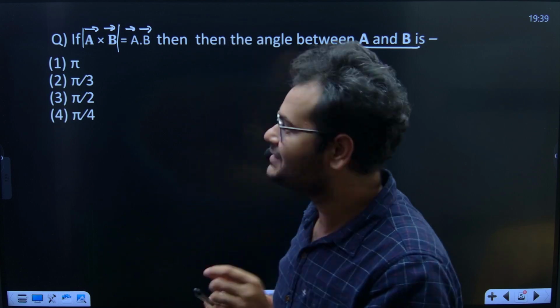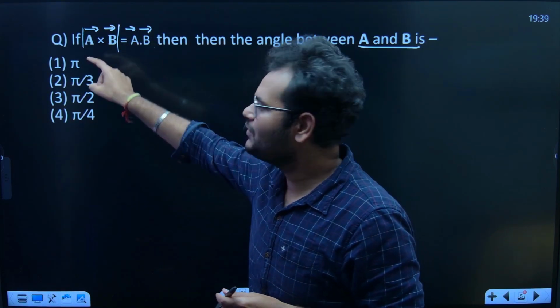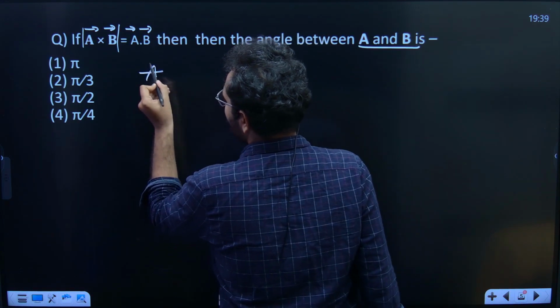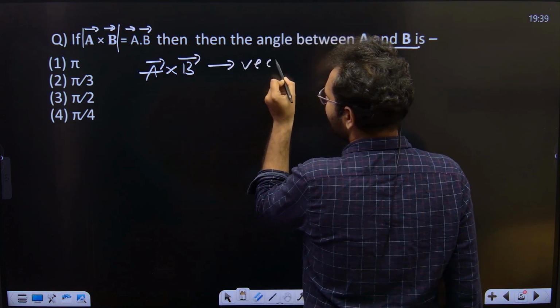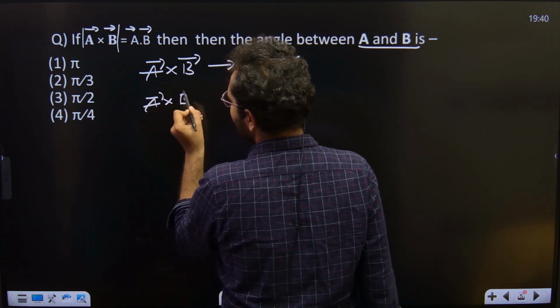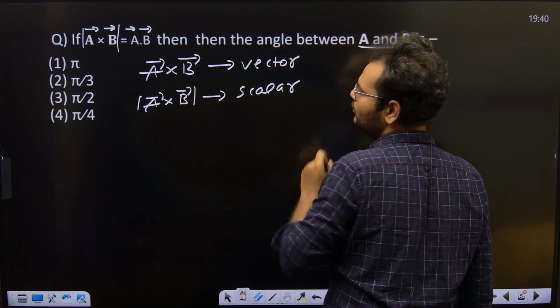Cross product is a vector, but is magnitude of cross product a vector or scalar? Please try to understand. See, A cross B, this is vector quantity, but A cross B magnitude is scalar quantity. Don't be confused with this.